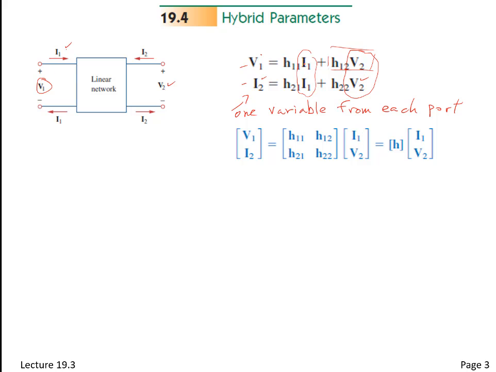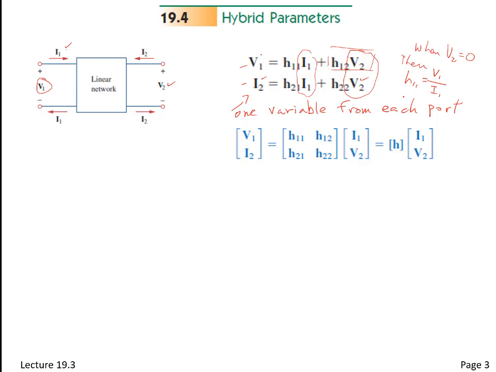So using the same technique we did before, we're going to want to set V2 equal to 0. Then I sort of get a freebie that H11 is going to be V1 over I1.